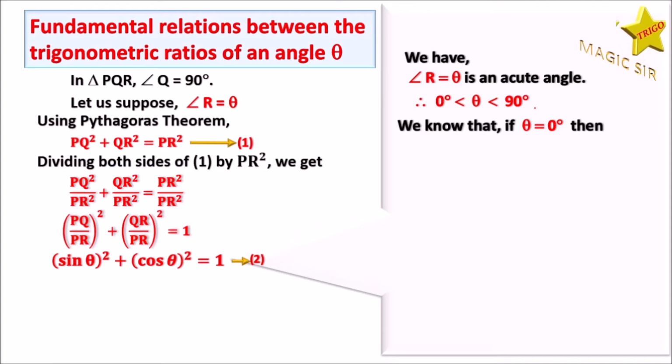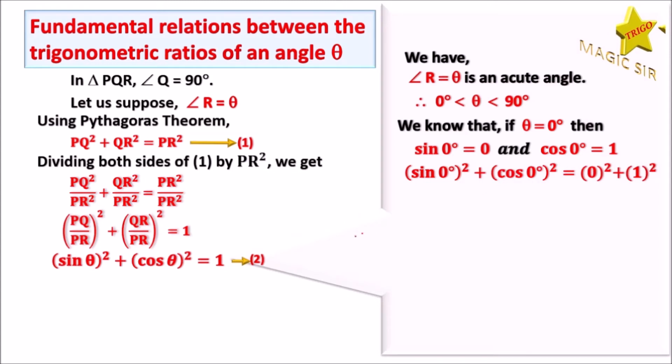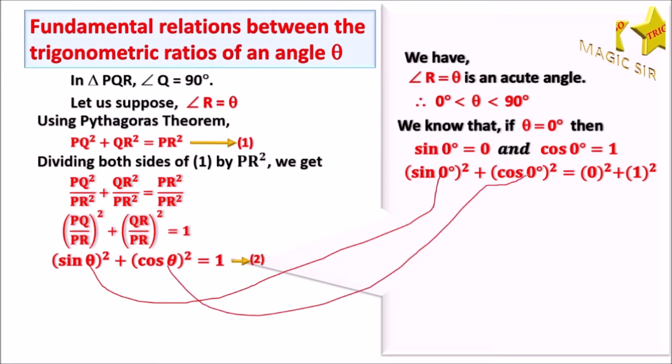We know that if theta equal to 0 degrees, then sin 0 degrees equal to 0 and cos 0 degrees is equal to 1. If we take theta equal to 0 degrees in equation 2, then left hand side is equal to (sin 0 degrees) whole square plus (cos 0 degrees) whole square, where sin 0 degrees equal to 0 and cos 0 degrees equal to 1.